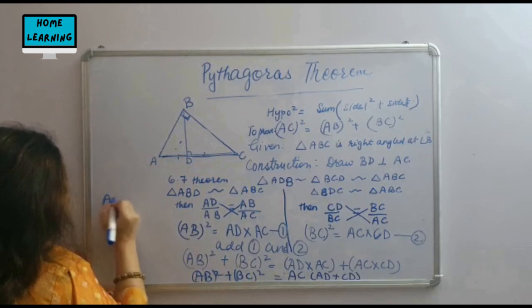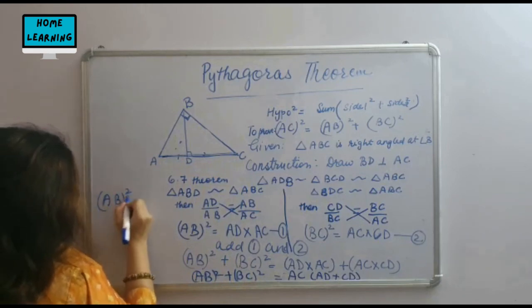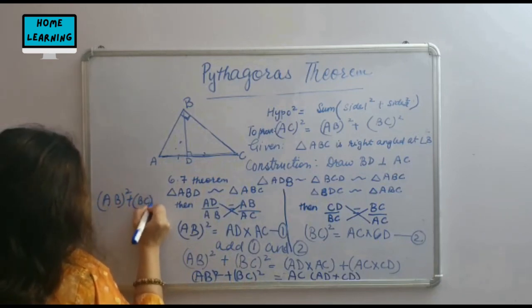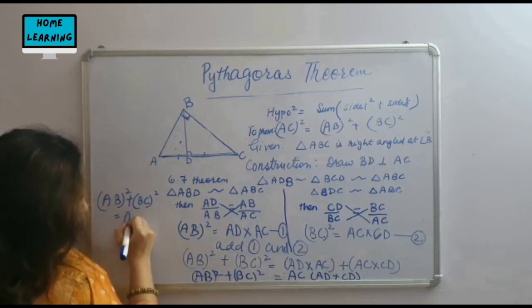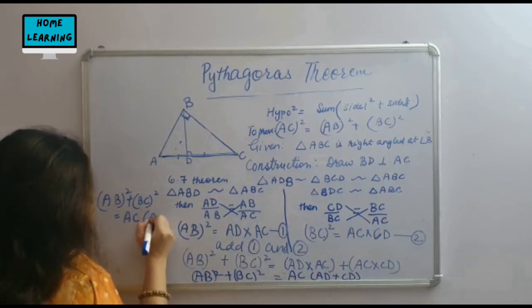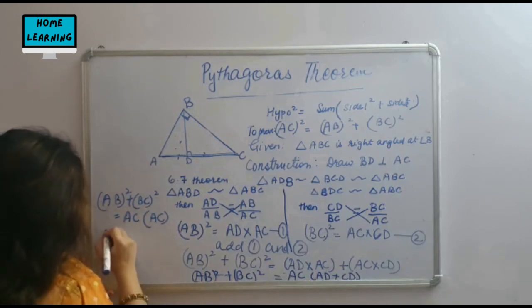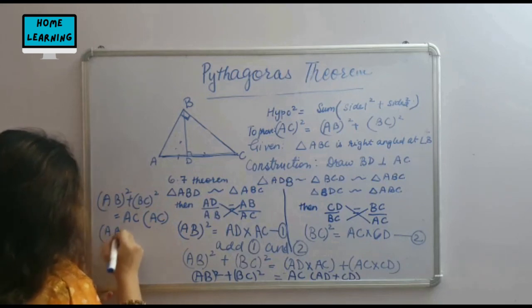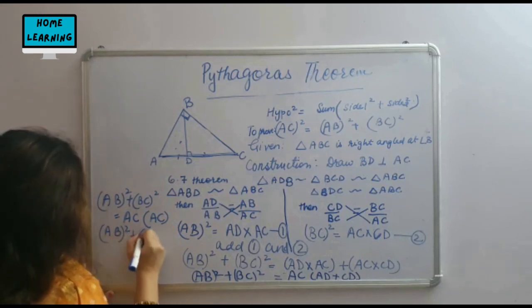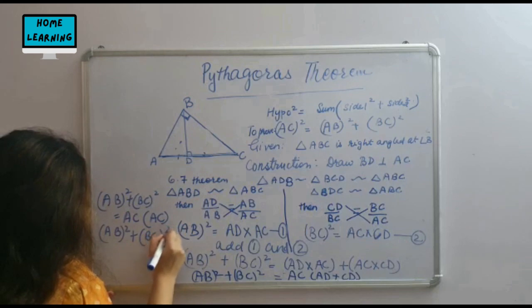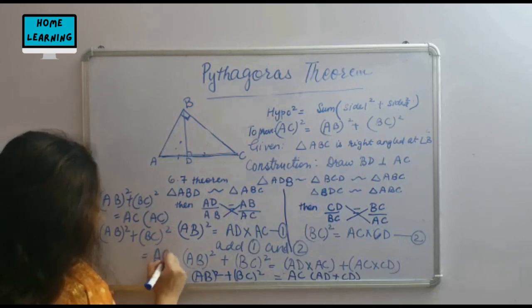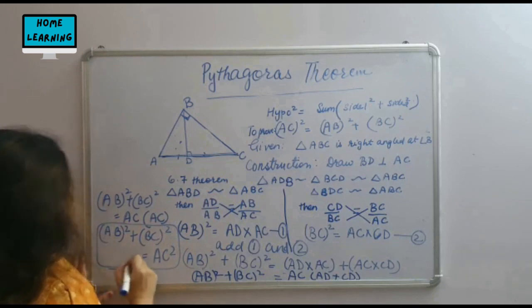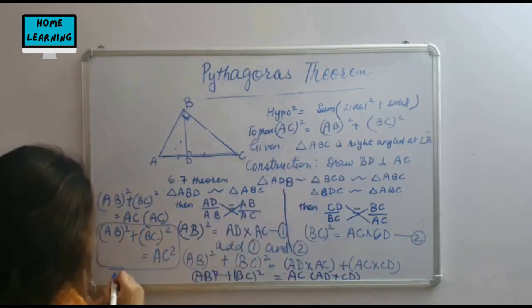So it can be written as AB square plus BC square is equal to AC with AC. AB square plus BC square is equal to AC square. Hence, we have proved the Pythagoras theorem.